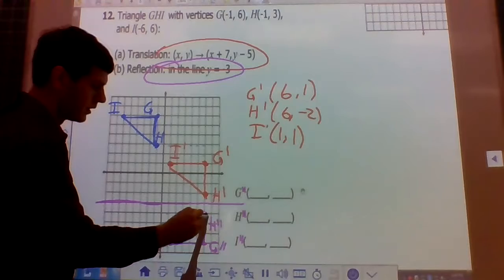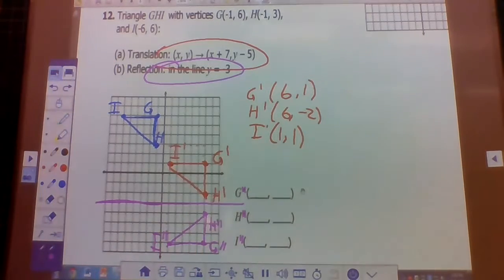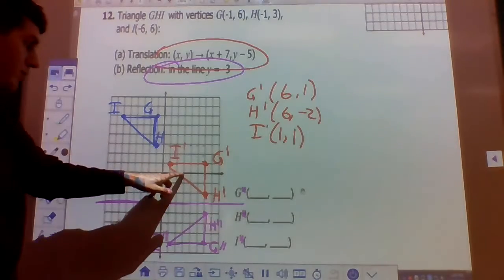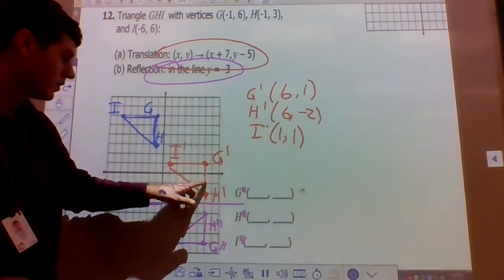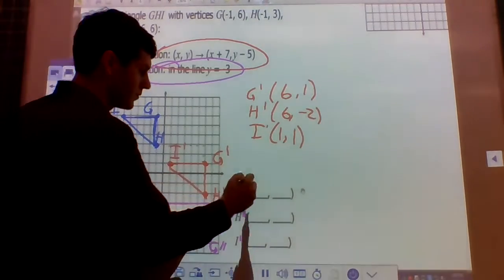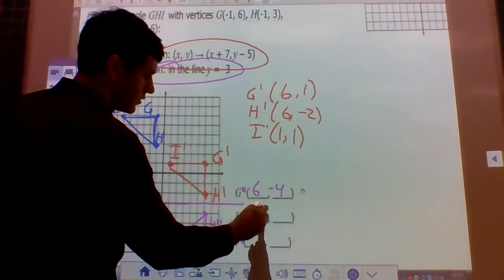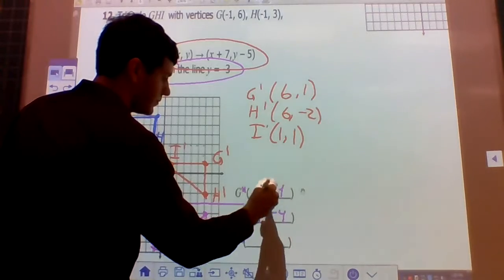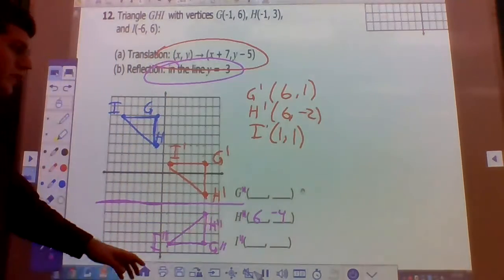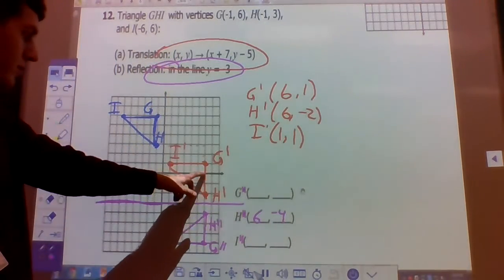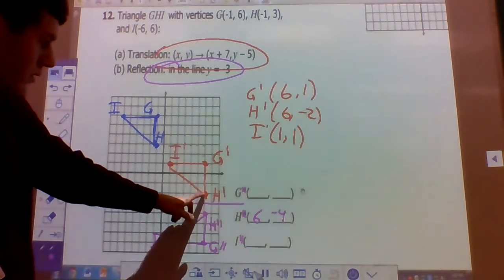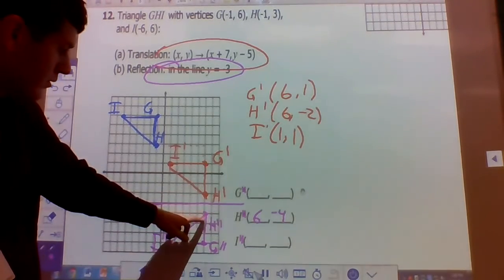Okay. Then we got to fill in our coordinates. So we need to count out. So this is 1, 2, 3, 4, 5, 6, negative 4. I'm sorry, that's H. G is 1, 2, 3, 4 above, 1, 2, 3, 4 below.